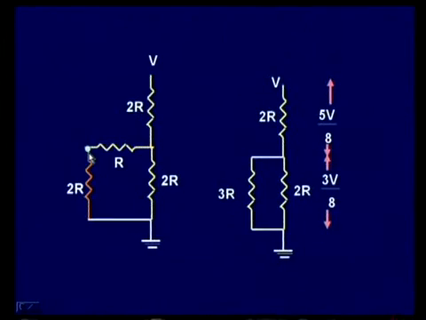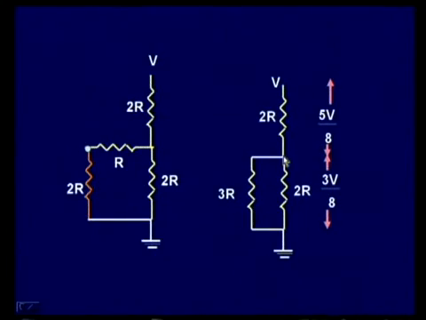Now, when we apply the network equivalents, the series impedance of these two results in 3R, and when the voltage is divided between these by applying the potential division rules, we find that the voltage across this will be 3V by 8.